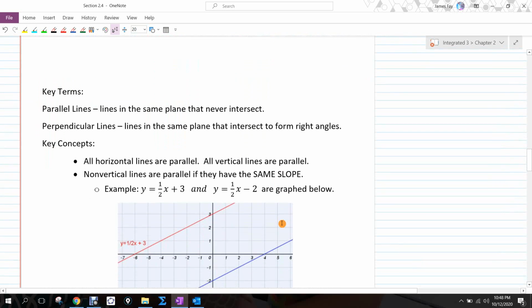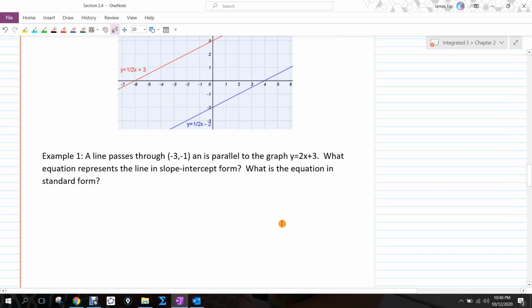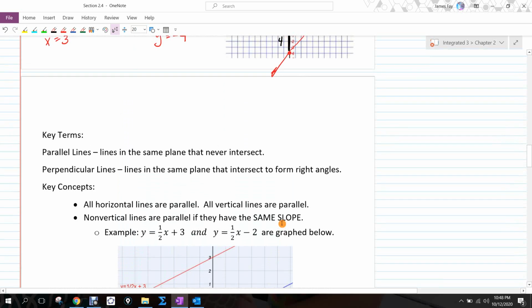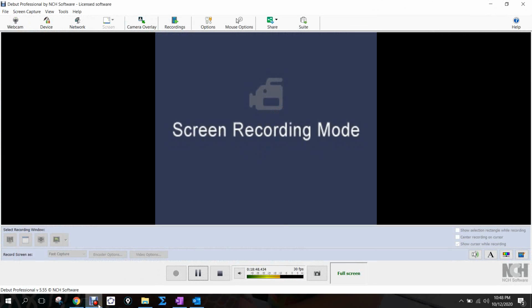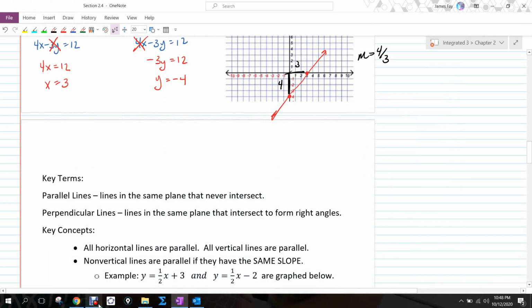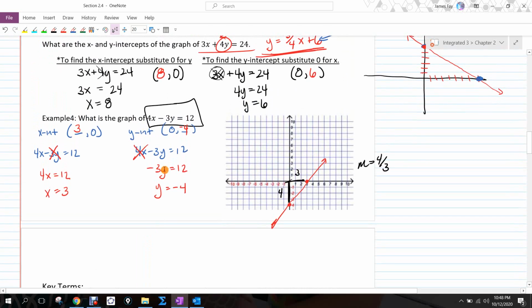A couple key things that we like to talk about when dealing with creating equations of lines, writing equations of lines, is parallel and perpendicular lines. So what I'm going to do is free up a little bit of time in class for you to work on open assignments.